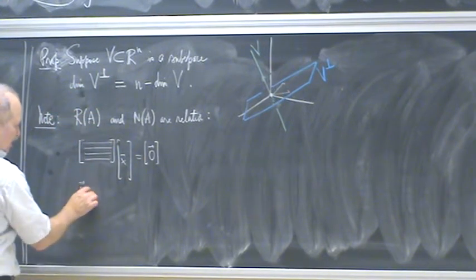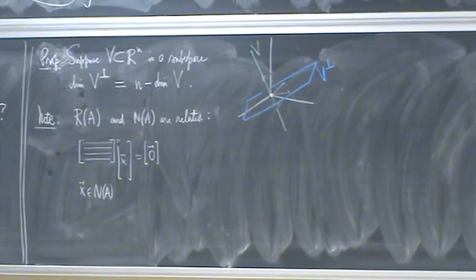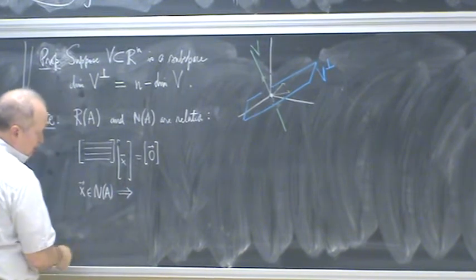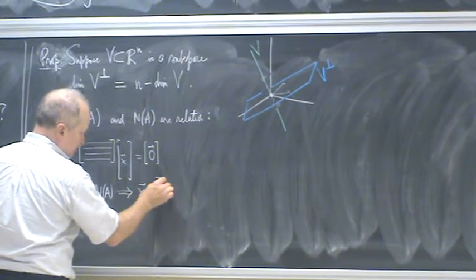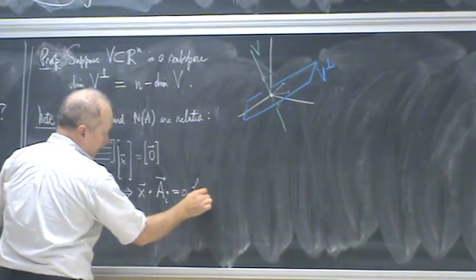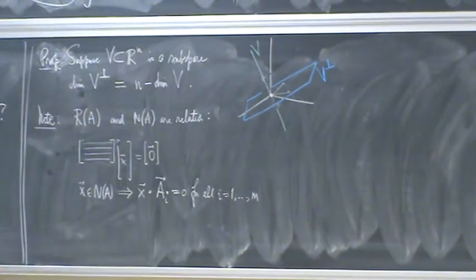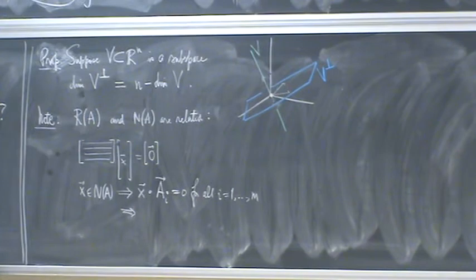So if X is in the null space, then that means X is orthogonal to any of the rows of A, which means it's orthogonal to any linear combination of the rows of A.